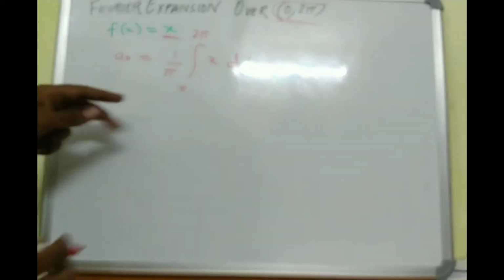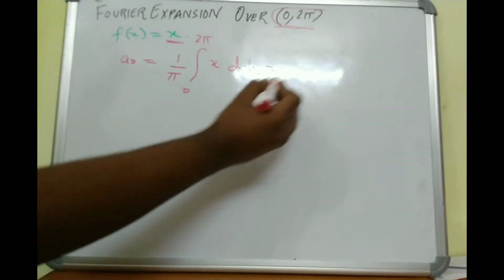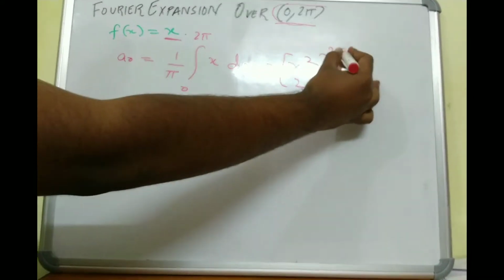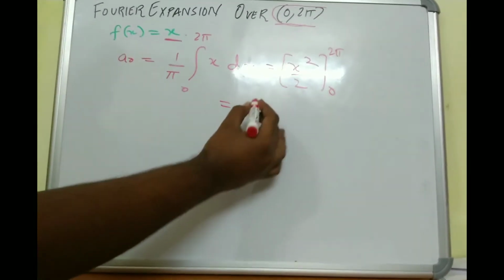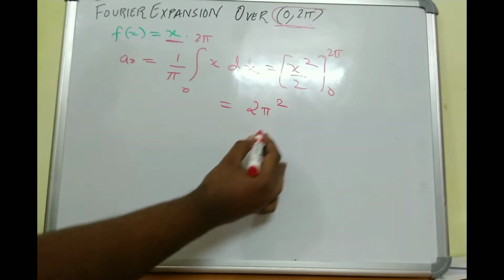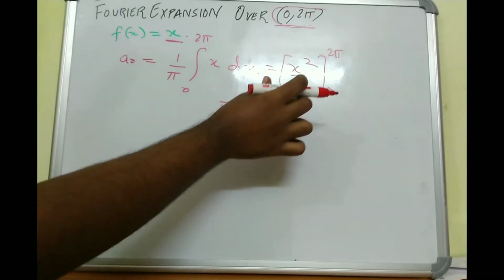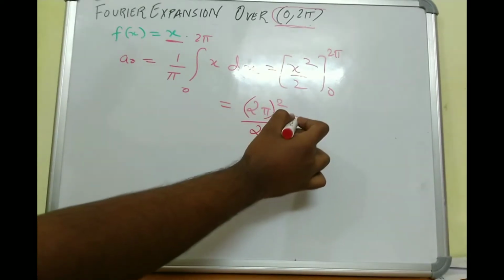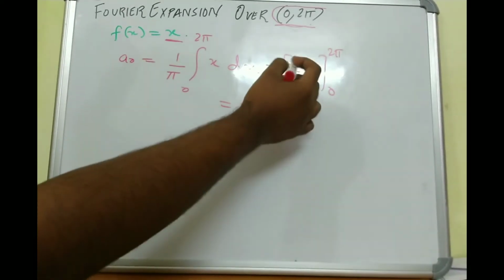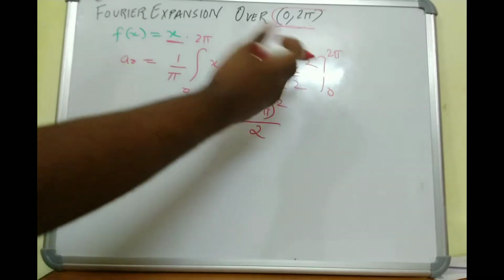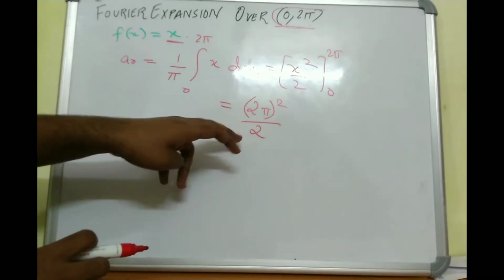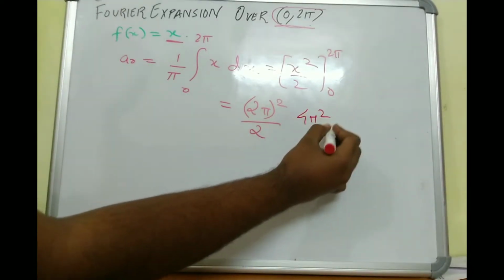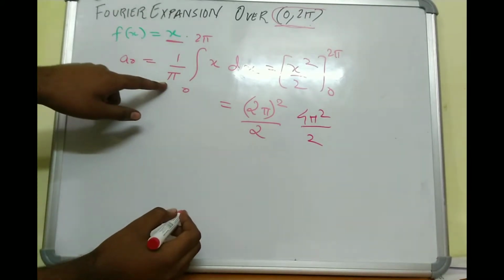Now we have to integrate x. Integration of x is x square by 2, with limits 0 to 2 pi. Upper limit minus lower limit: the upper limit is 2 pi the whole square, so 2 pi square by 2, minus lower limit 0. 0 square is 0, so no need to substitute that. Now 2 pi the whole square becomes 4 pi square by 2, and outside 1 by pi is there.